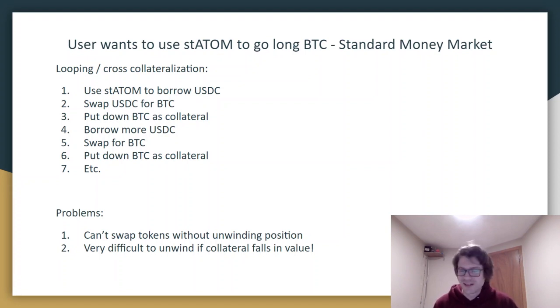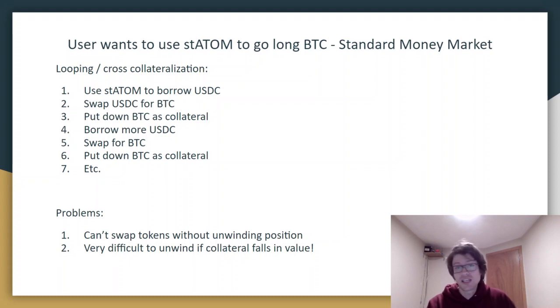But there are problems, and maybe many of you have experienced these problems firsthand. These looped positions are very unwieldy, very fickle, and it's tedious to loop and unloop. On Ethereum, this is sometimes prohibitively expensive because of gas and everything, but even in the Cosmos, it's really tedious.